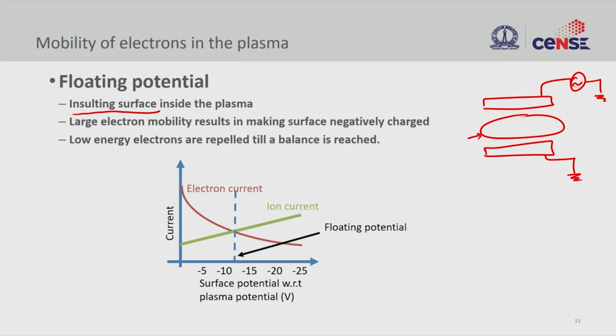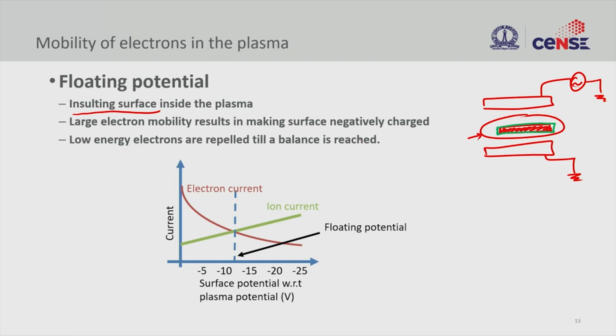So what is the floating potential? Floating potential is nothing but I put a glass here, let's say. So I take an insulating layer here. If I insert this insulating layer into the plasma, I monitor the current that is developed in this sheet.